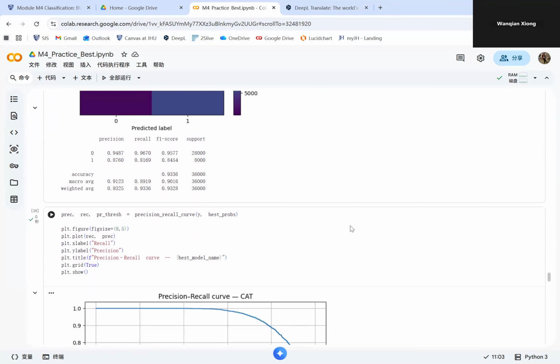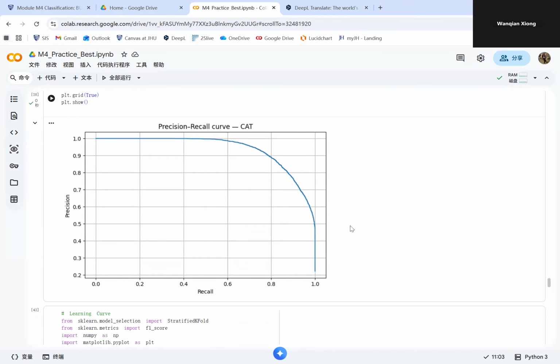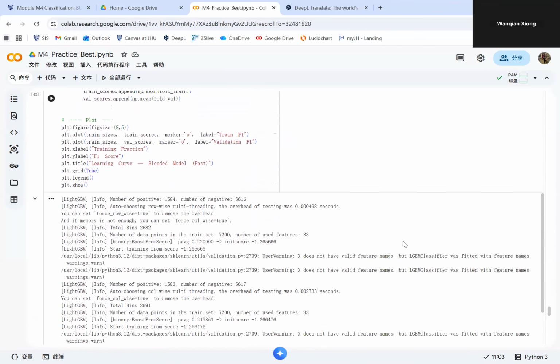We found that shifting our curving threshold to 0.654 mathematically maximized our F1 score on the validation set. And this adjustment perfectly balanced our precision and recall, ensuring we minimize catastrophic financial losses while maintaining a healthy approval rate.